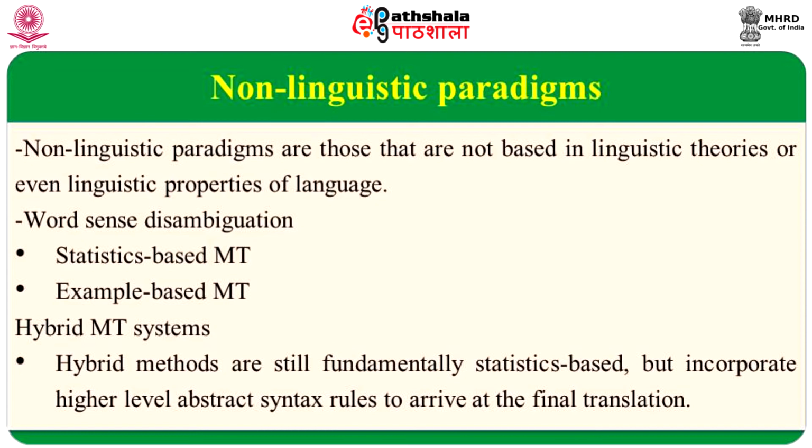The hybrid paradigm involves a mixing of MT paradigms as well as a mixing of MT architectures. The usual approach is to use linguistic methods to obtain parsers of the SL text and to use statistical or example techniques to resolve dependencies and phrasal translations, etc. Hybrid methods are still fundamentally statistics based but incorporate higher level abstract syntax rules to arrive at the final translation.